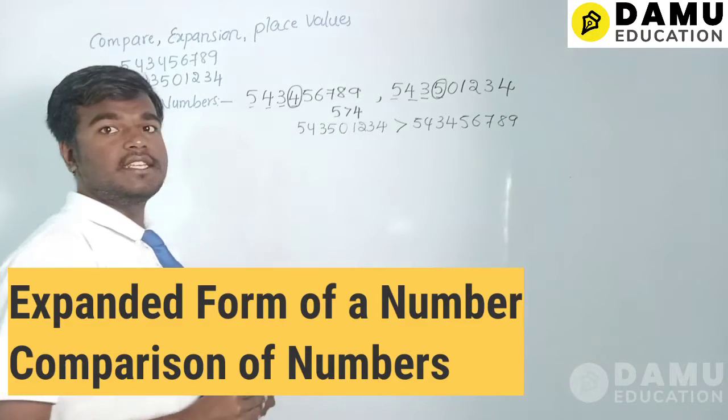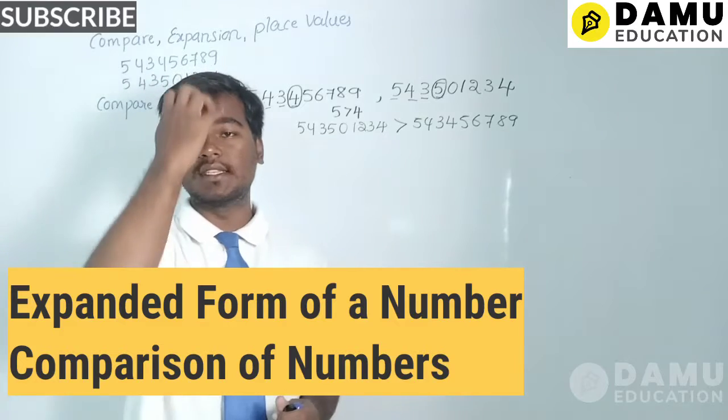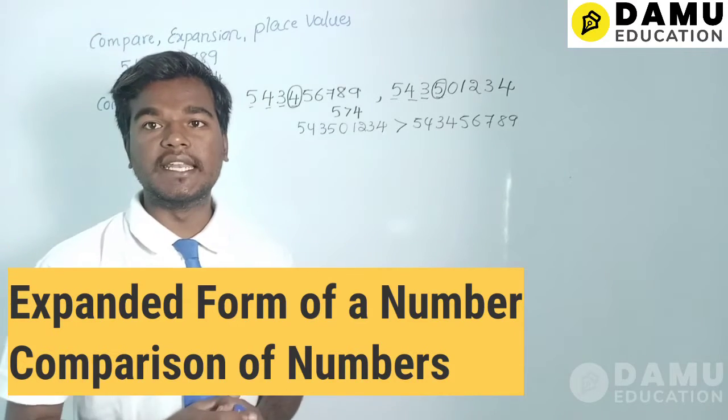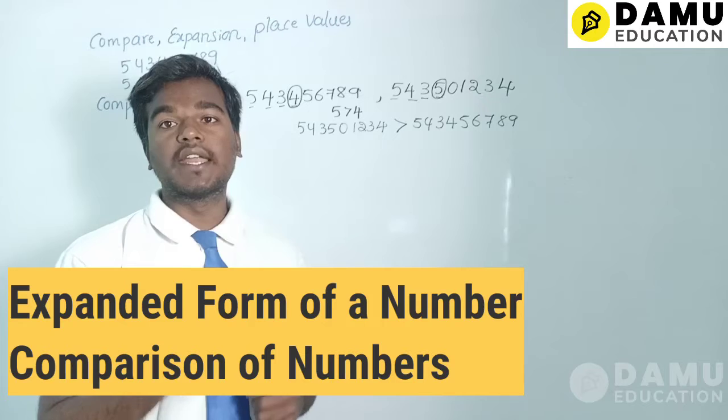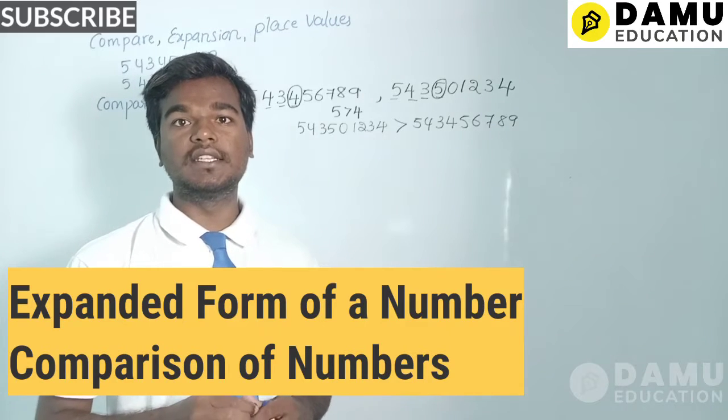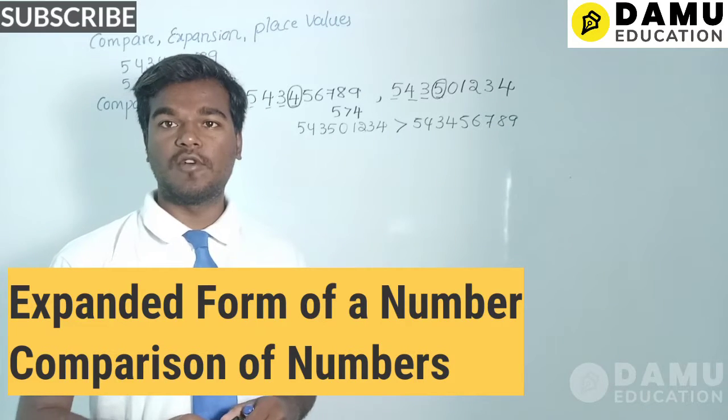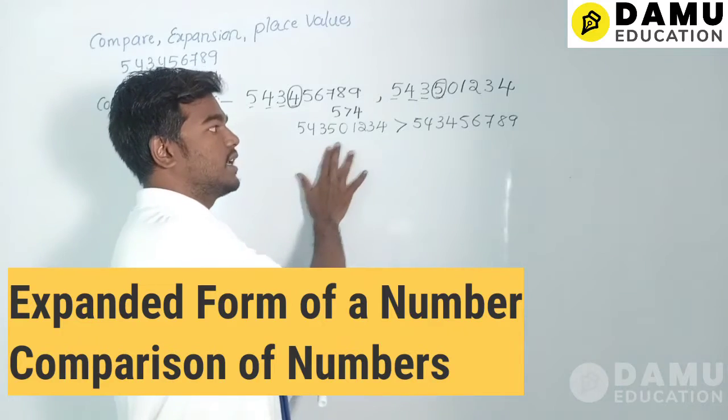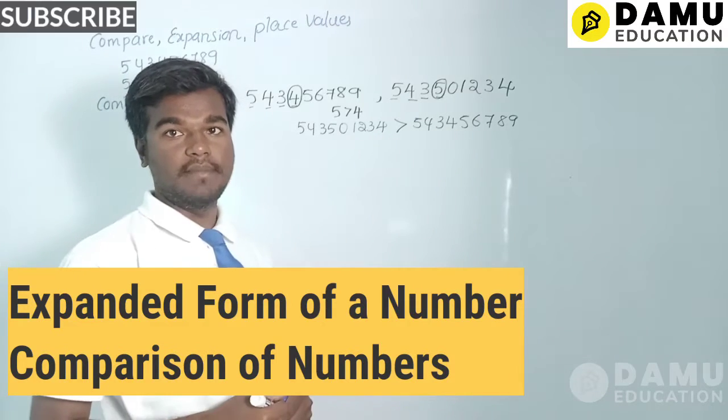If you have any doubts about how to use these digits in Indian and international systems, you can watch our video on the Indian International System of Numeration. So this is the greater number and this is the smaller number.